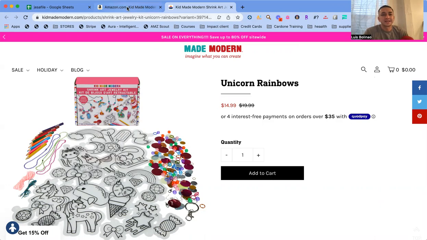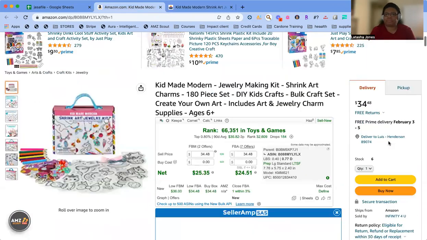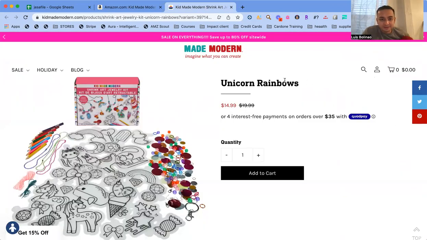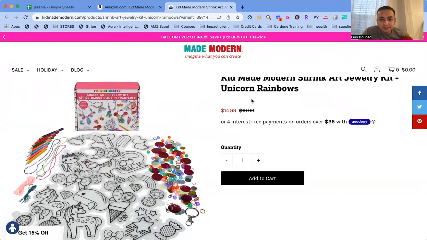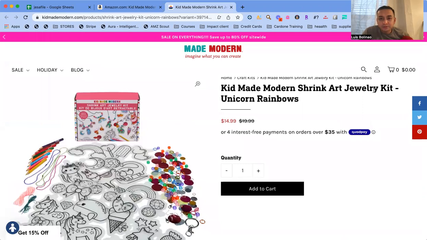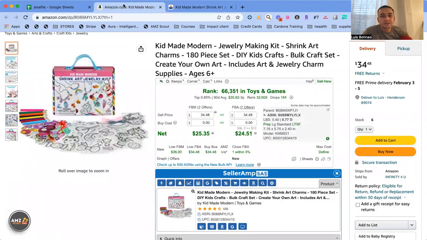So, next product. Again, check it. Looks the same. Kid-made monitoring or jewelry kit. Let me see, 180 pieces.